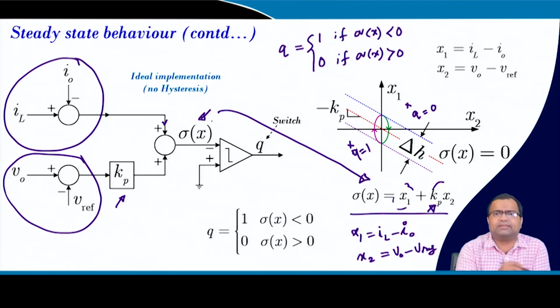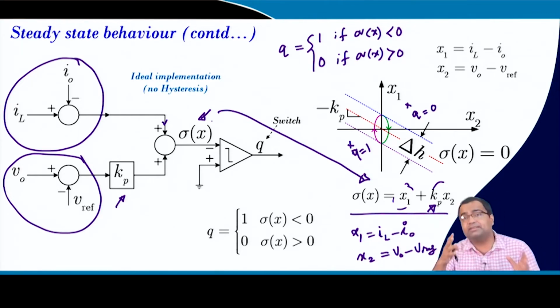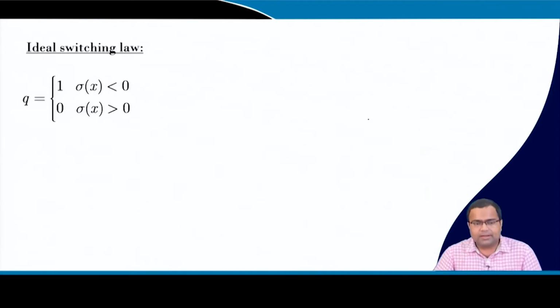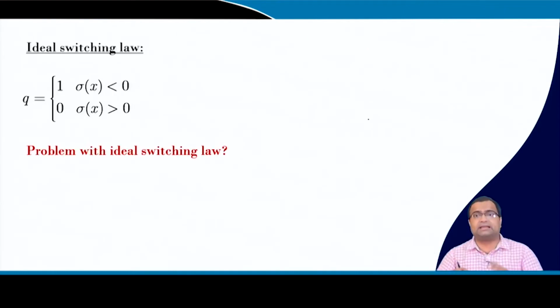We can implement this using MATLAB, but you will find real difficulty, because you have not inserted any hysteresis band and you are forcing your computer to operate at the hard limit, since the computer has a finite step solver time. The time has a minimum resolution, so it will continuously turn on and off within this limit, and that will slow down your whole simulation. So the ideal switching logic is practically not recommended.